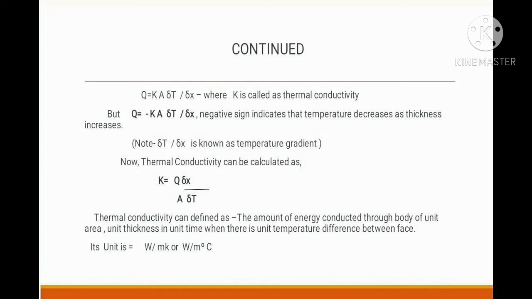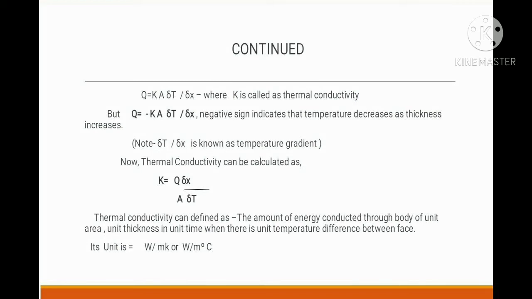Now, from this equation, thermal conductivity of a material can be defined as the amount of energy conducted through a body of unit area, unit thickness, in unit time when there is a unit temperature difference between the faces. Remember, the unit of thermal conductivity is watt per meter Kelvin or watt per meter degree Celsius.